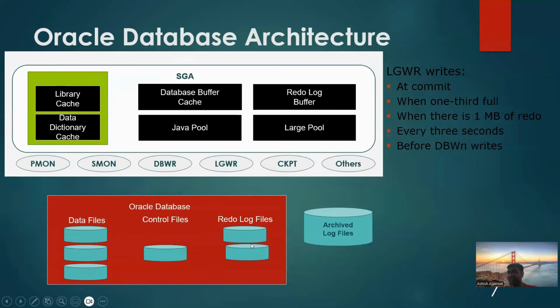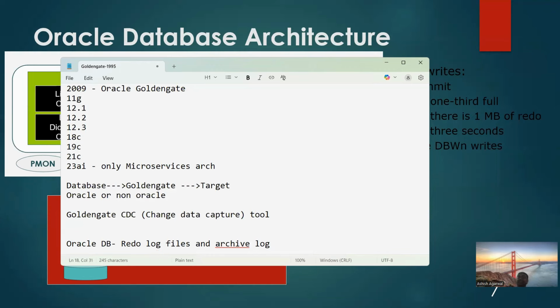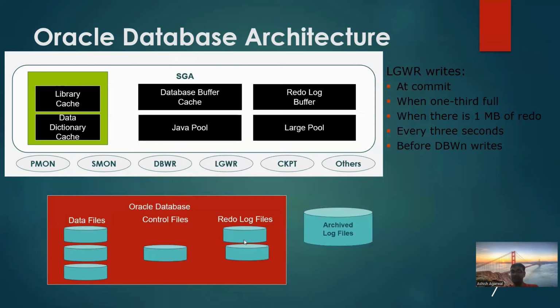So in case of SQL Server, MySQL, those are called transaction logs. In case of Oracle, those transaction logs are called redo logs or backup of redo logs, which are called archive log files. So in case of Oracle, the transaction logs are redo logs or archive logs. In case of non-Oracle, those are called transaction logs.